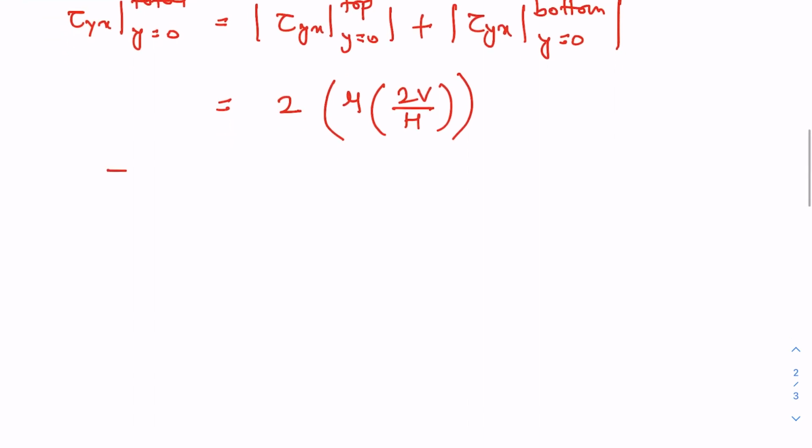So total shear stress acting on the tape is 4 times mu v by h.